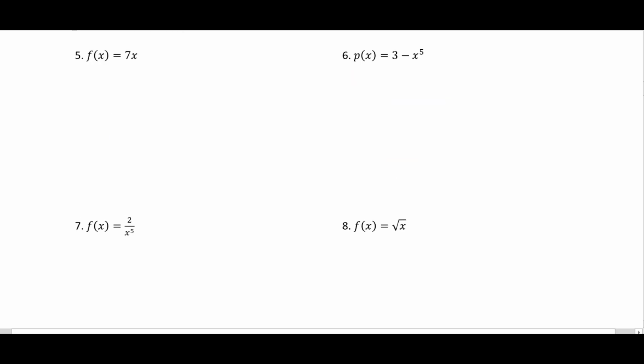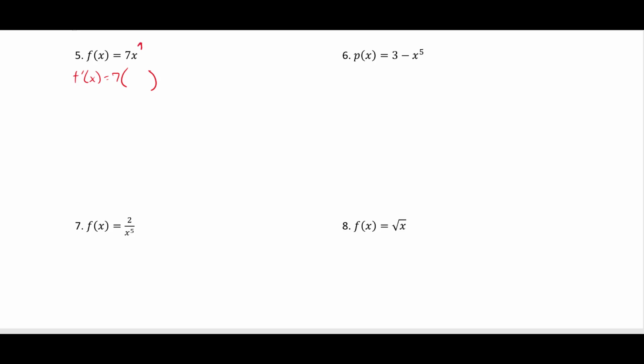For number 5, f of x equals 7x. Again, applying our constant multiple rule here. So f prime of x is 7 times the derivative of x. Remember, if you don't see an exponent, it's x to the first power.